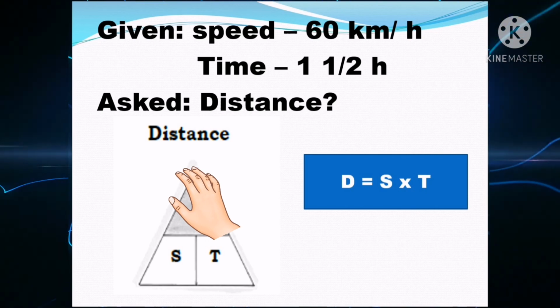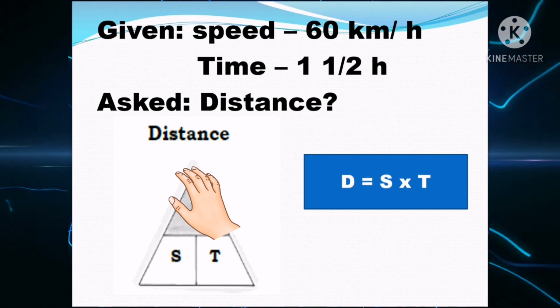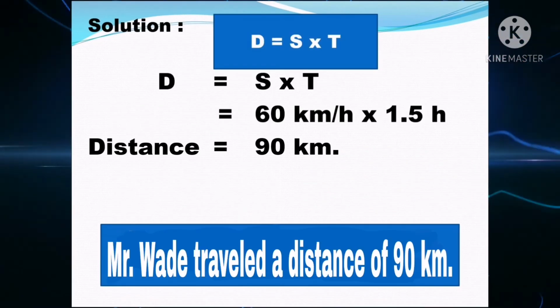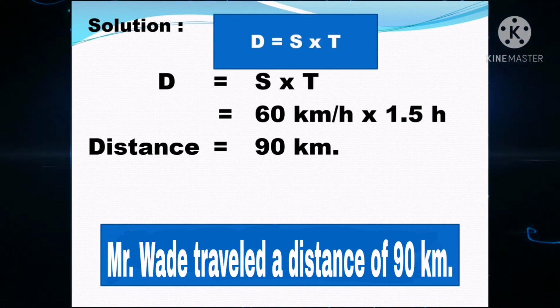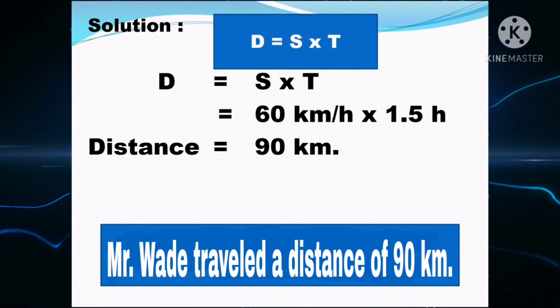They are S and T. So our formula must be D equals S times T. Using the formula, we substituted 60 kilometers per hour for speed and 1.5 hours for the time.